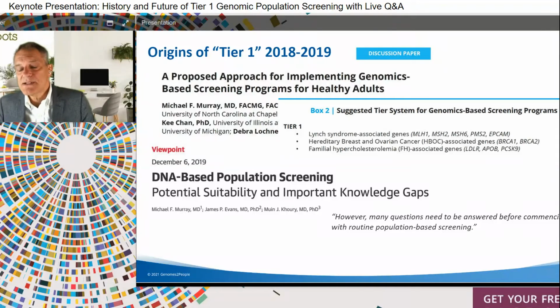They still hedged their bets, though. So, here's this JAMA viewpoint where they wrote, "However, many questions need to be answered before commencing with routine population-based screening." They just weren't willing to all out suggest it.